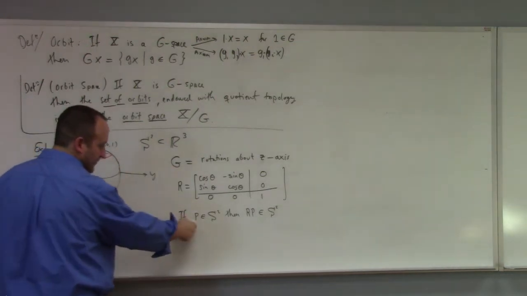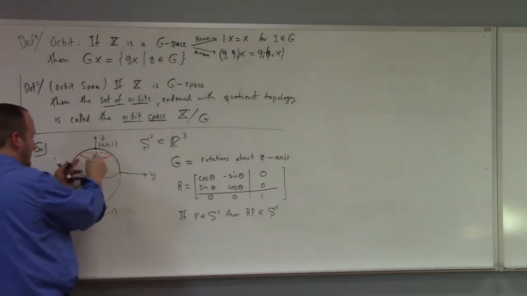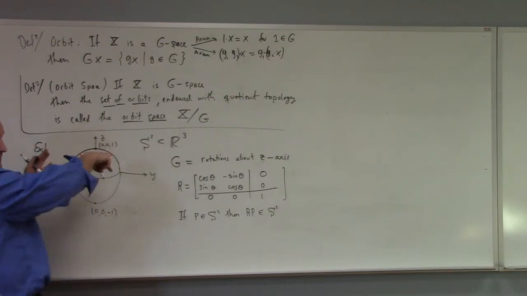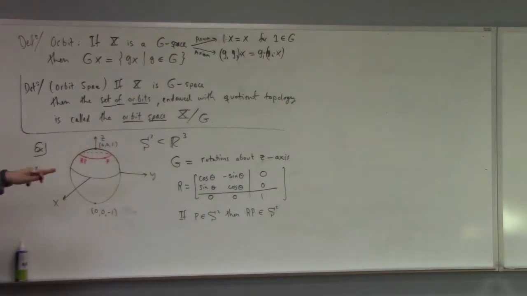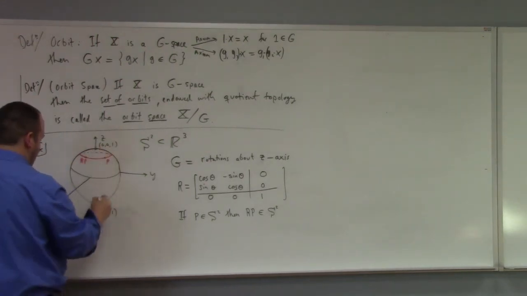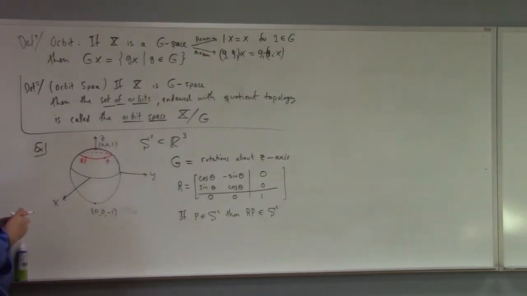If I start out with this point, RP could be anywhere around that circle, but z is fixed, right? So, yeah, the orbits are circles, right? Or, of course, there are two special orbits, right? This guy and that guy, just the north and south pole.